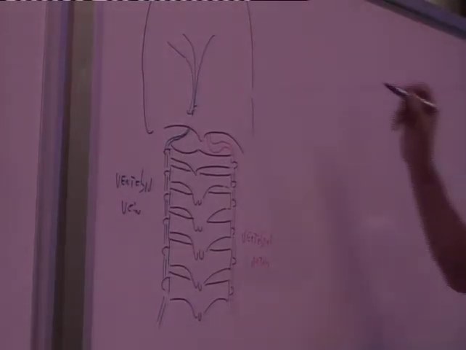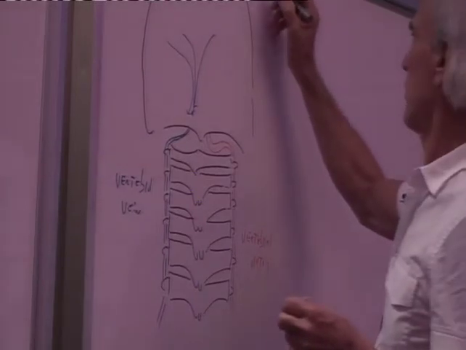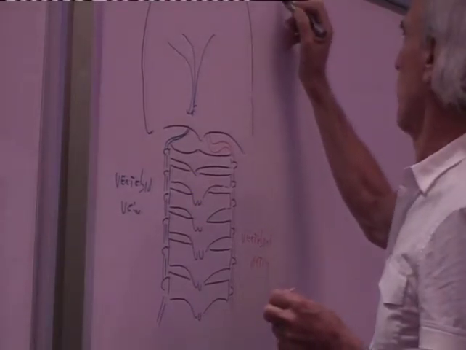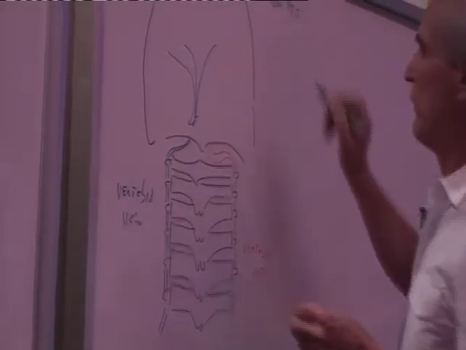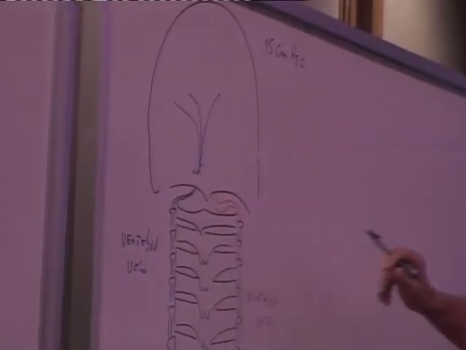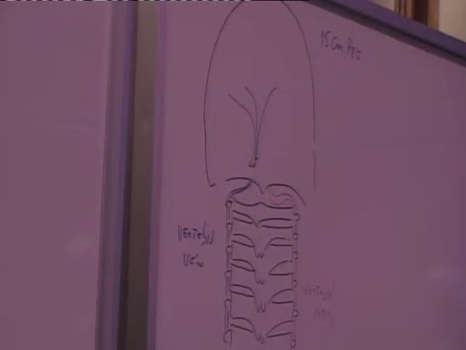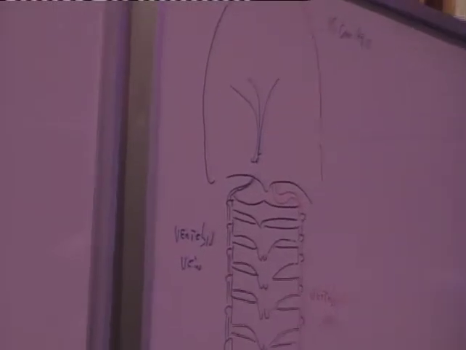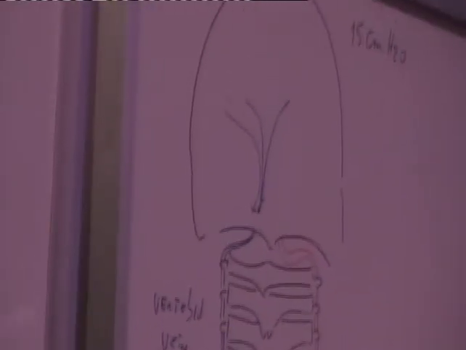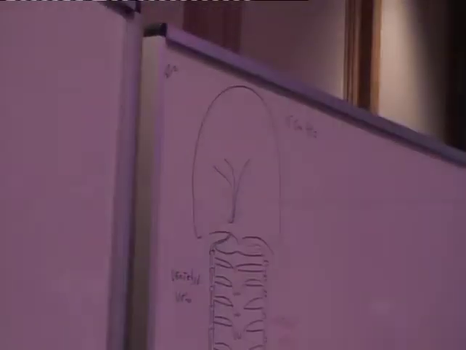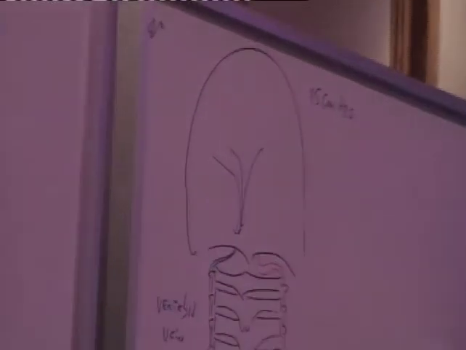Because the skull needs a pressure of about 15 centimeters of water. And very often after a whiplash, you have 30, 40 centimeters of water, which gives headache, dizzy spells, lack of balance, and also some hearing problems like tinnitus.